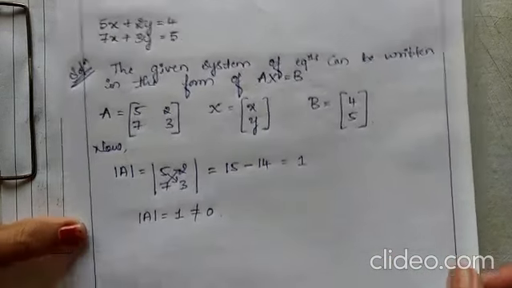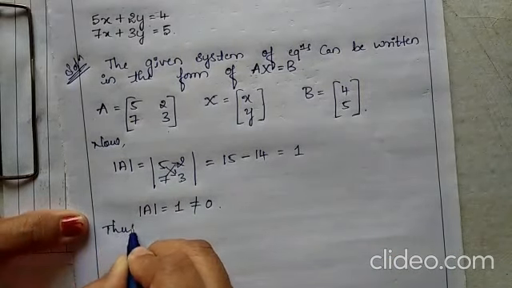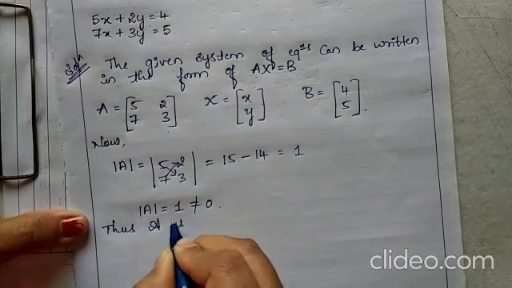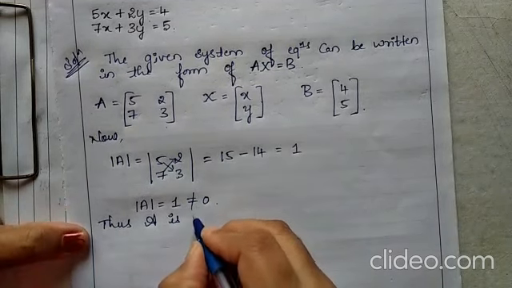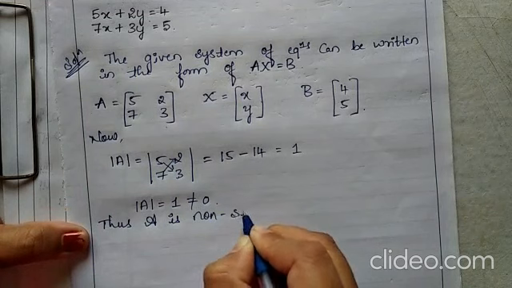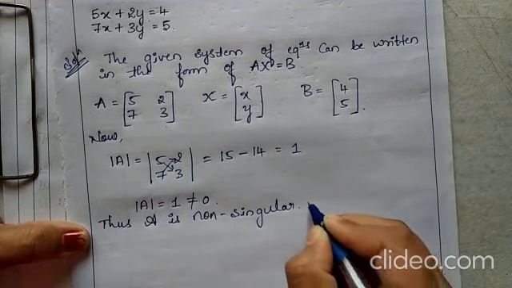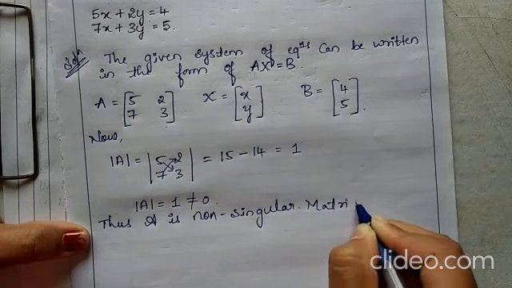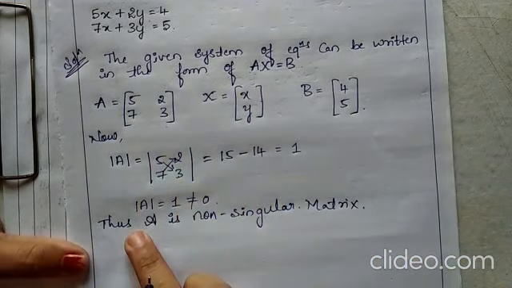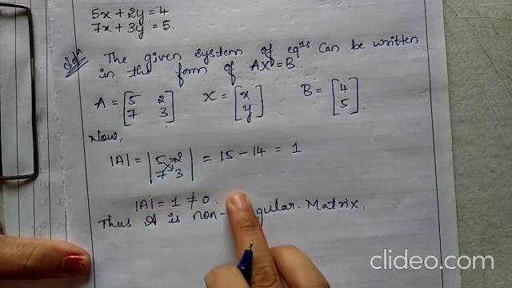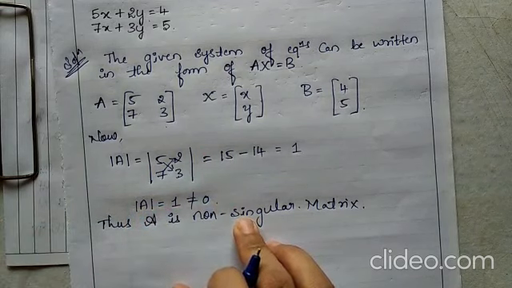So what does it imply? Thus A is a non-singular matrix. Definitely if determinant of A does not equal 0, then it is a non-singular matrix.